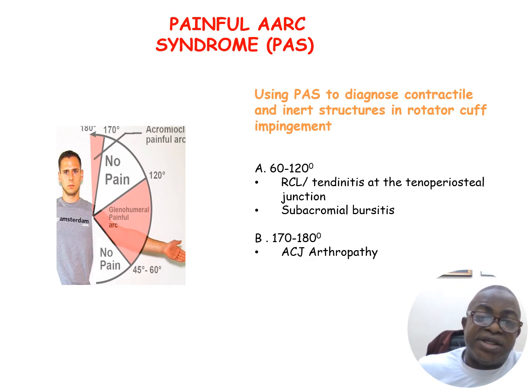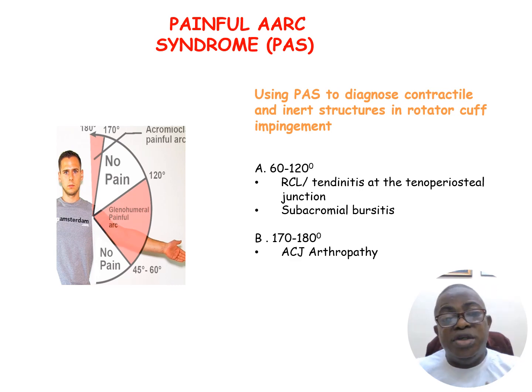The first attempt Cyriax advocated to notice problem with rotator cuff impingement, ask them to do active movements, say active abduction to elevation or active flexion to elevation.